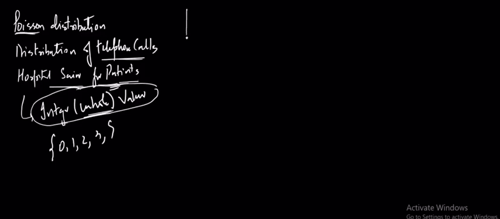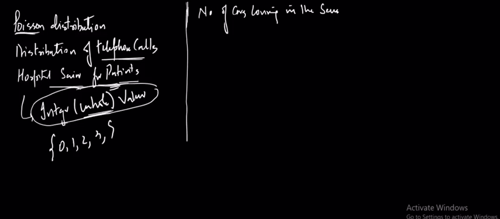Now let me take the example of the number of cars coming in a service station, and then explain the various characteristics of this Poisson distribution.